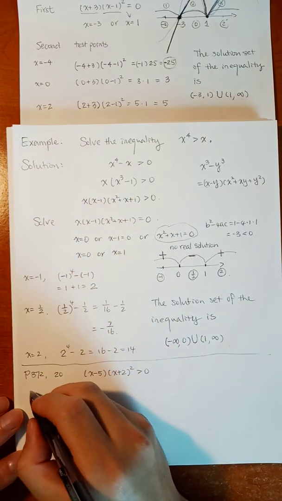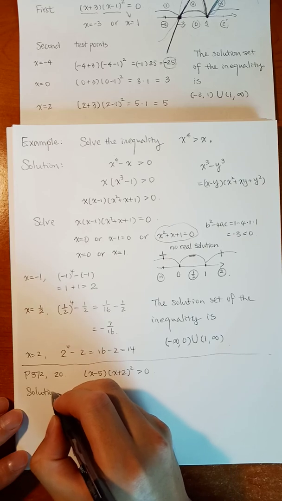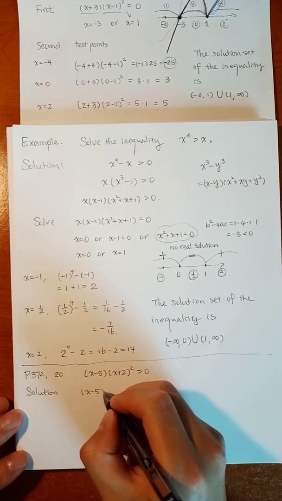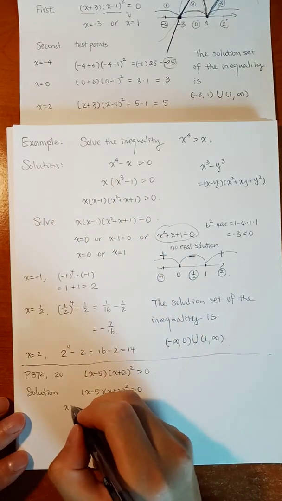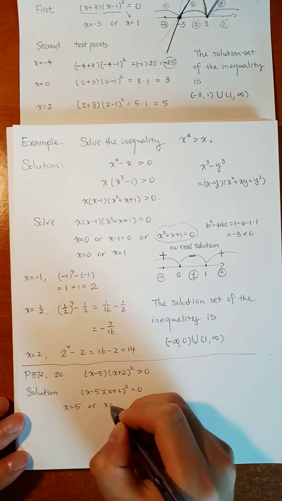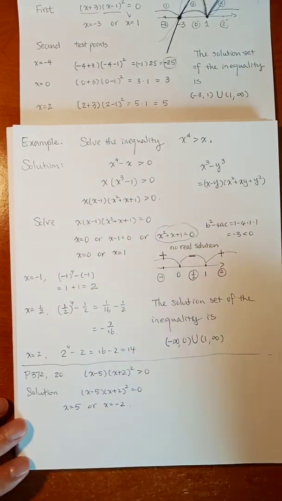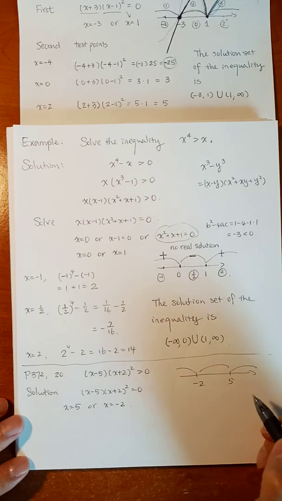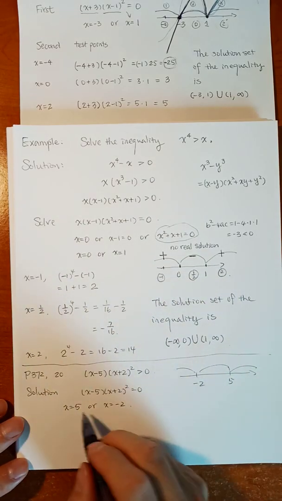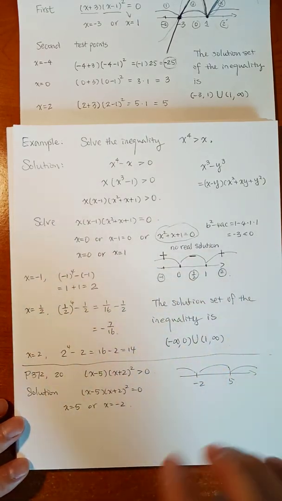So first, you solve x minus 5 times x plus 2 squared equal to 0. You get x equal to 5 or x equal to negative 2. And then you draw them on the number line. You have 3 parts, not always 3 parts, but because you have 2 solutions, you have 3 parts.